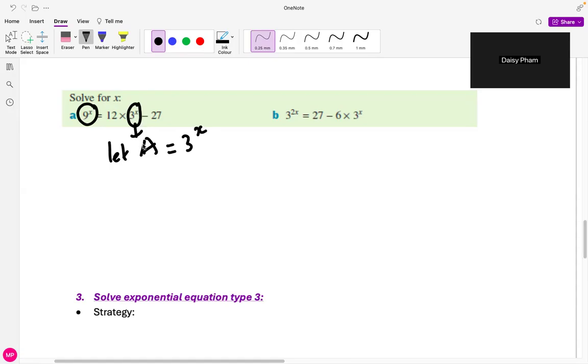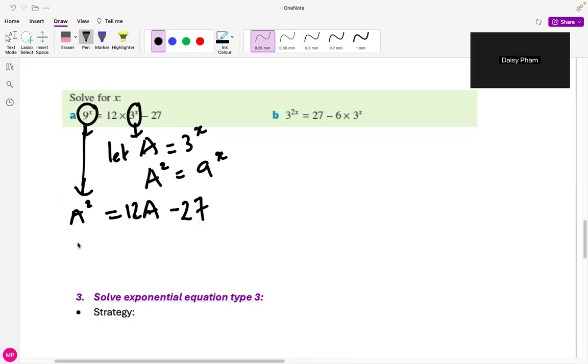So if we let a equal 3 to the power of x, 9 to the power of x will become a squared because 3 squared equals 9. So we actually convert this to a quadratic equation. So 9 to the power of x, we're going to write that as a squared equal 12 times a minus 27. So you actually convert exponential to a quadratic equation.